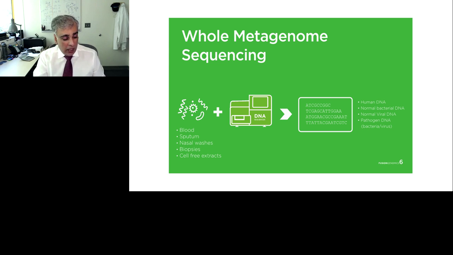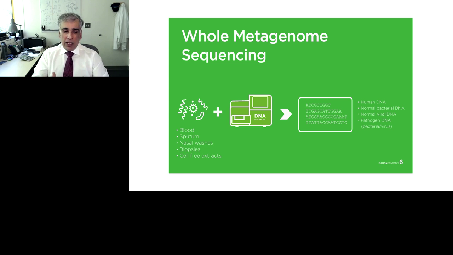Now, what happens with whole metagenome sequencing is that when it gives you your results, you have everything in it. You have your normal human DNA, your normal bacterial DNA, your normal viral DNA, and also your pathogen DNA.